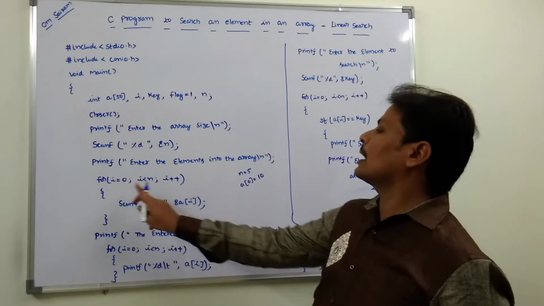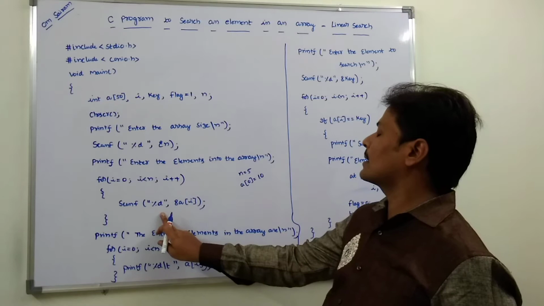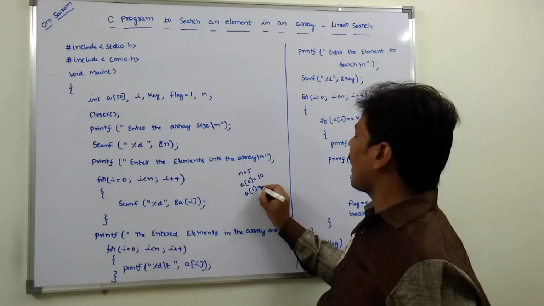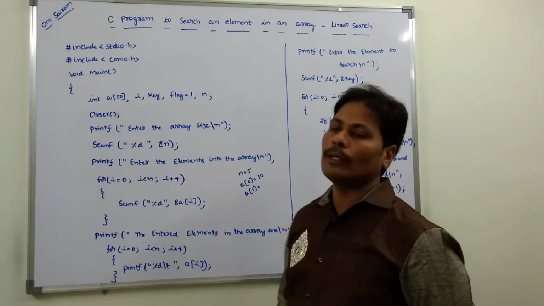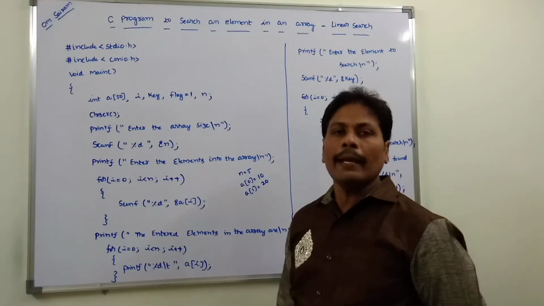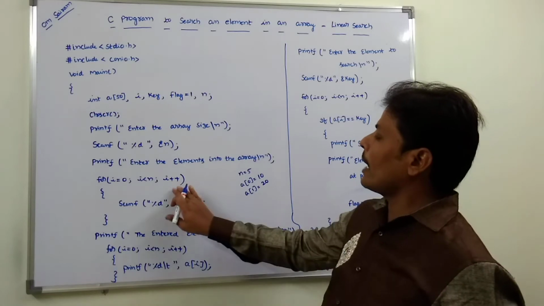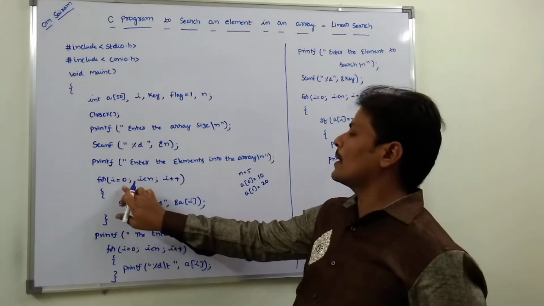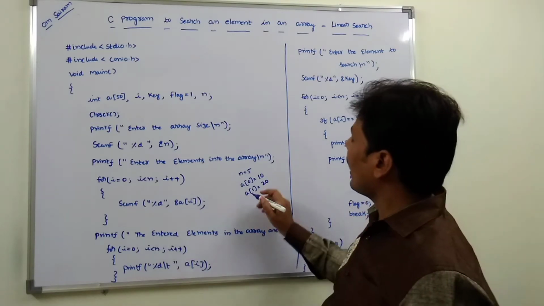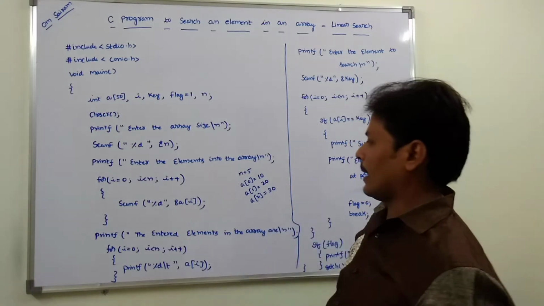Now I value is incremented, I is equal to 1, 1 less than 5, scanf percentage d ampersand a of 1. Whatever value we enter from the keyboard is stored in the array, so a of 1 is equal to 20. Now I is 2, 2 less than 5, condition true. Now a of 2 is read from the keyboard, that value is 30.